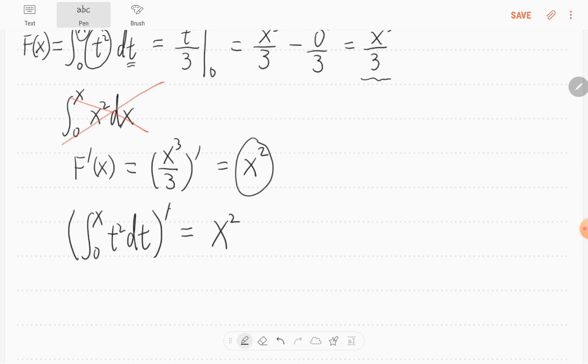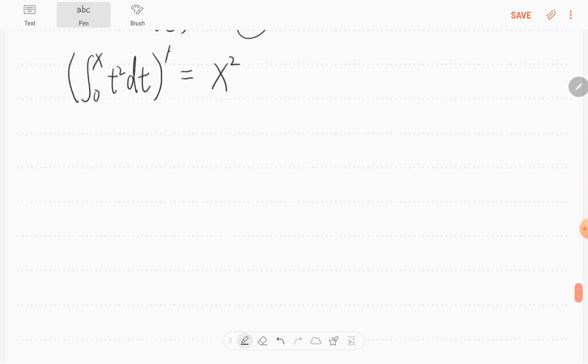This is called the fundamental theorem of calculus part 2, which says, of course, we assume this function should be continuous, okay?